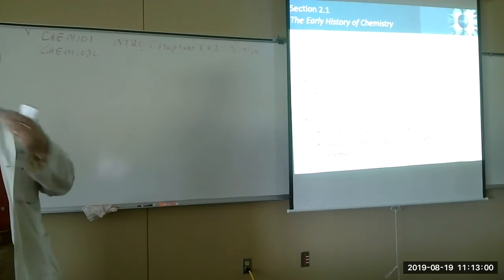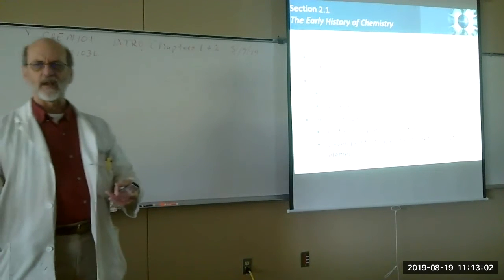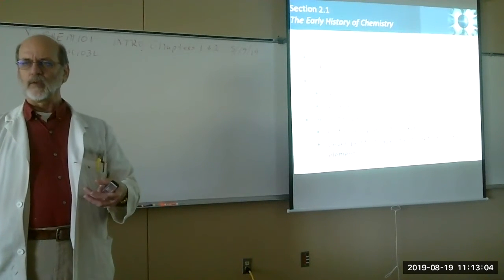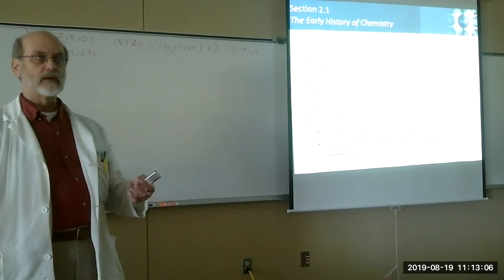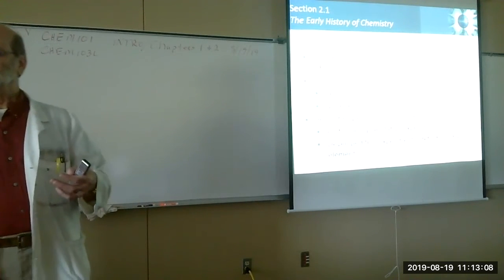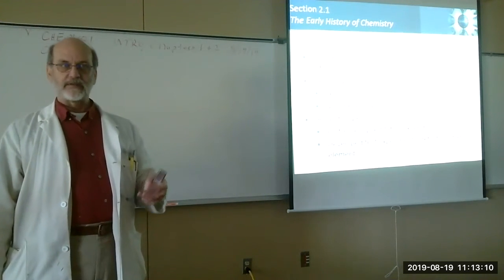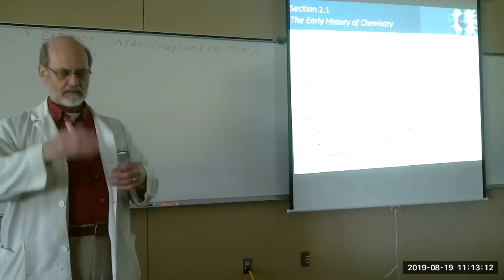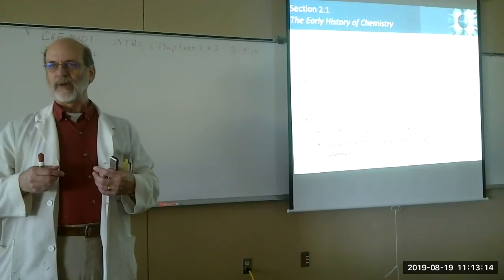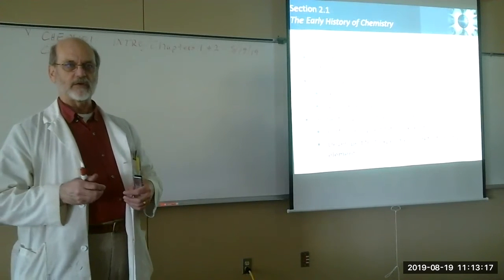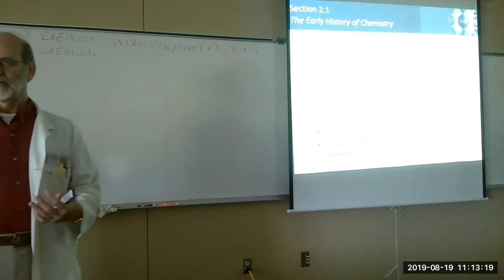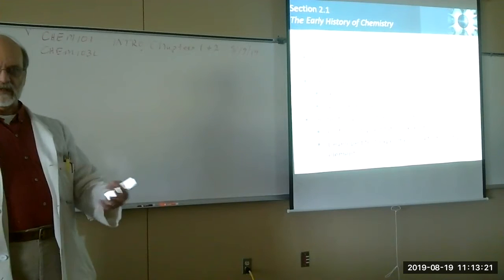They discovered several elements. How did they know it was an element? Well, it wasn't until Robert Boyle came along, I think it was Robert Boyle, who defined what an element is. It cannot be reduced by any means, physical or chemical, into a simpler substance. So you define your element in those terms.